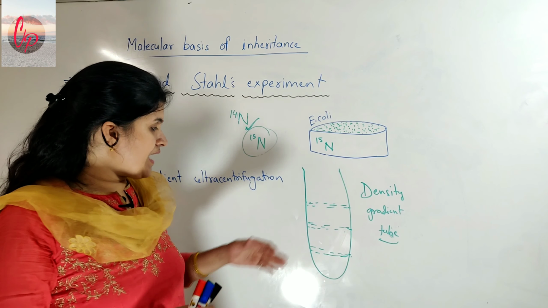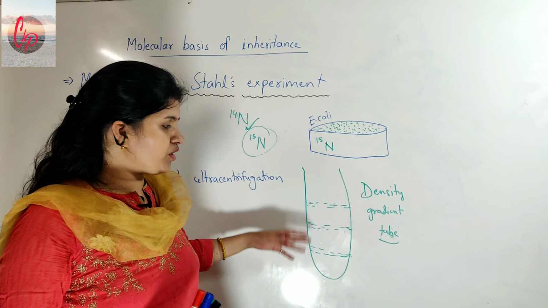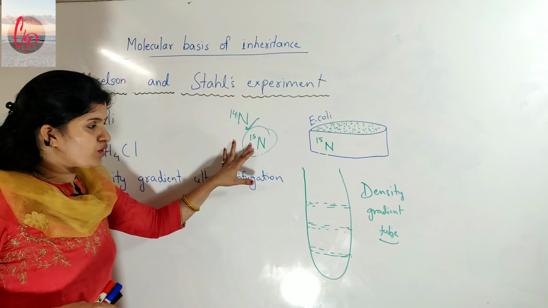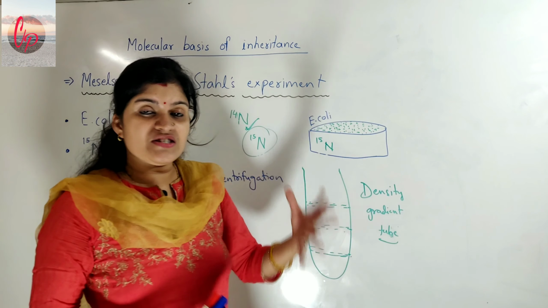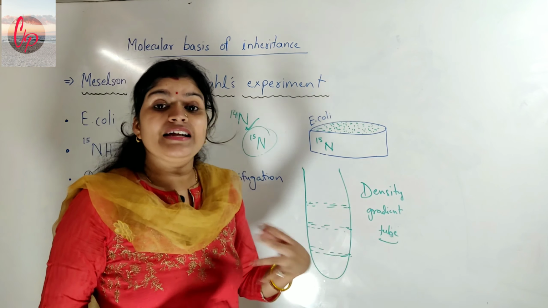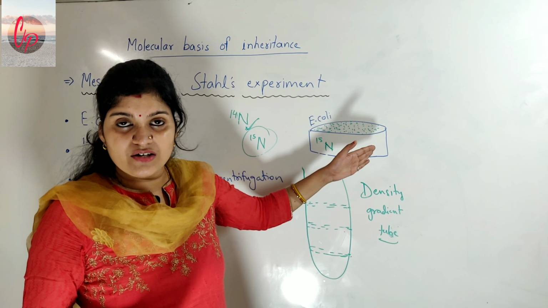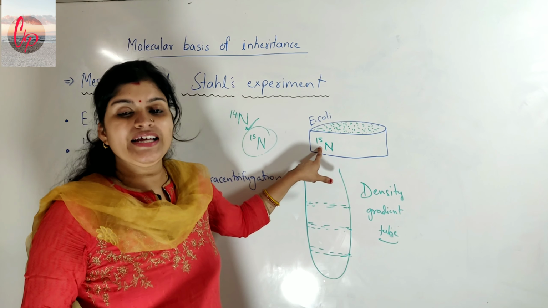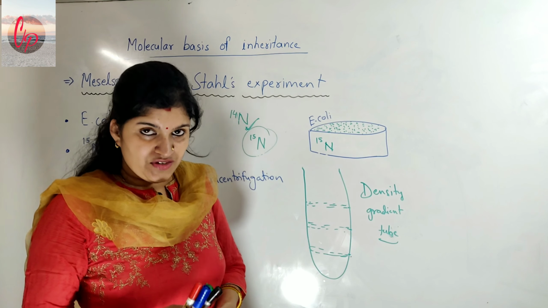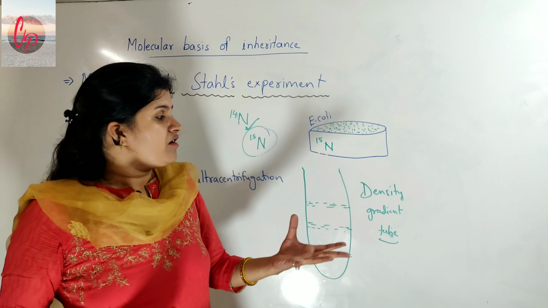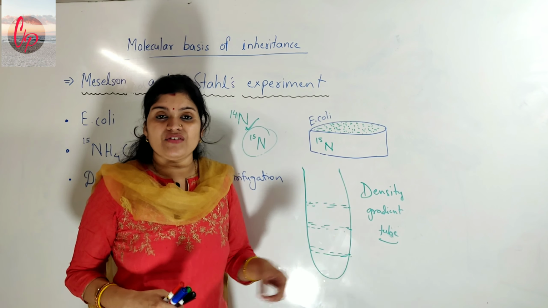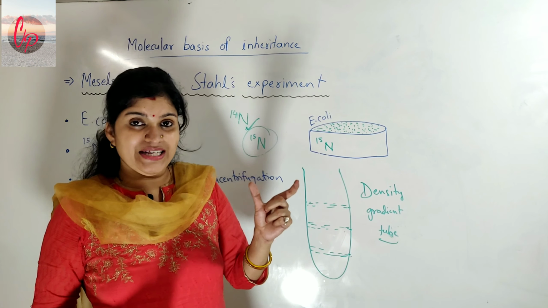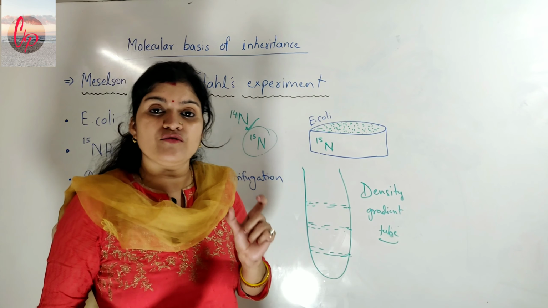As you can see here, the remains will be settled down according to their density, and the heaviest was N15. So the bacteria which arose in the new generation, because many generations were growing here, as they were getting only N15, only N15 was present in their DNA, while some bacteria had both strands, one DNA strand consisting of N14, and the other one consisting of N15.